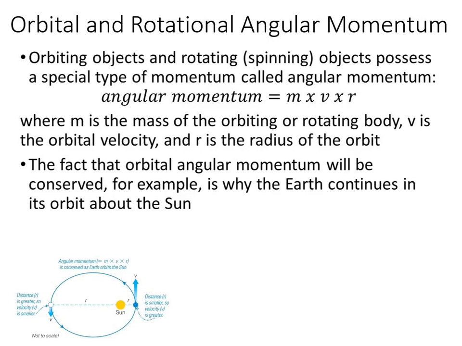Does that make sense? This is perihelion and this is aphelion. Okay, so if r is small, find r up here. If r is small, notice that if angular momentum stays the same, mass can't change of the planet, but the velocity can. So if r is small, velocity is great.